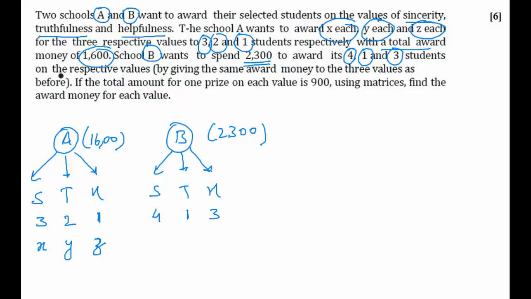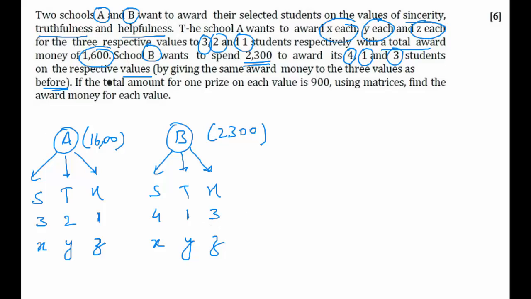Right? And on respective values, by giving the same award money to the 3 values as before, which means that award money for being sincere is still X, award money for being truthful is still Y, and award money for being helpful is still Z.